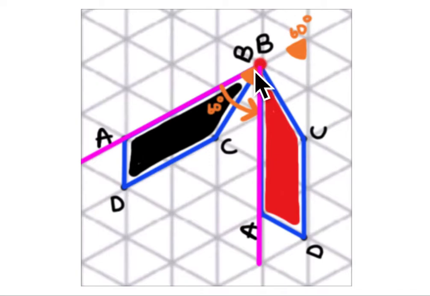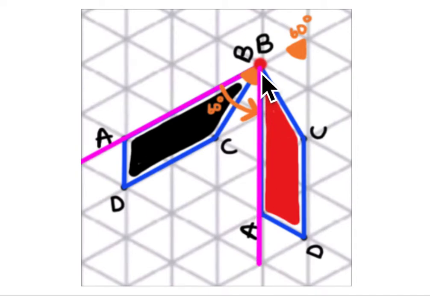I'm going to count along from the center of rotation along the side of the equilateral triangles. So to get to A, it's 1, 2, 3. And then I'm going to rotate 60 degrees. I'm going to count from the center of rotation 1, 2, 3. And you get to the corresponding point. This should be labeled A prime.